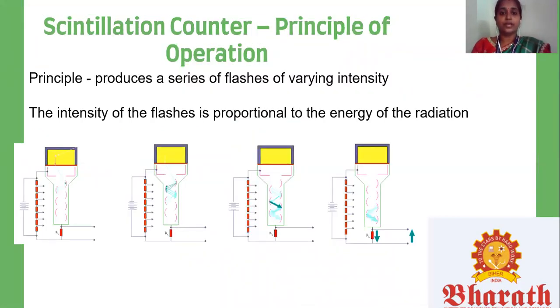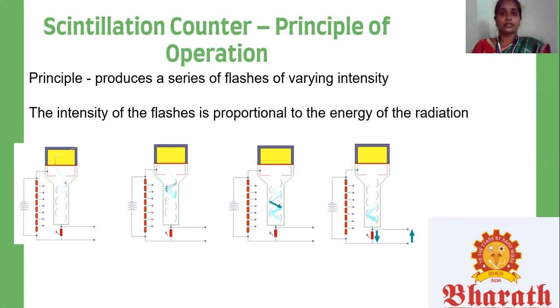Now, coming to the principle of operation and working, the operation of a scintillation counter is summarized as follows. The ionizing radiation enters the scintillator and interacts with the scintillator material.